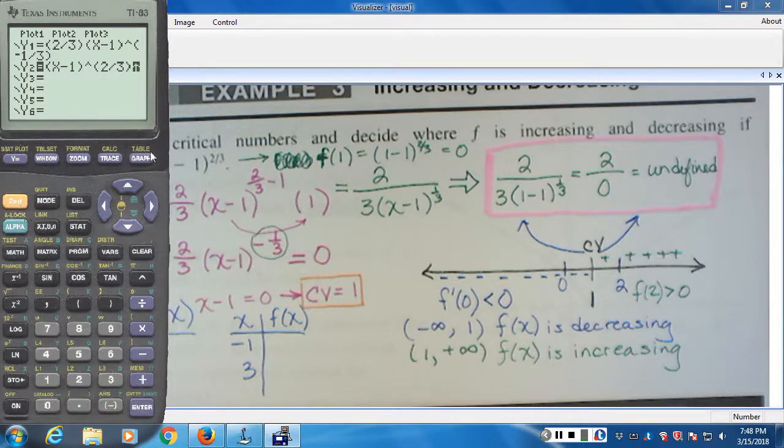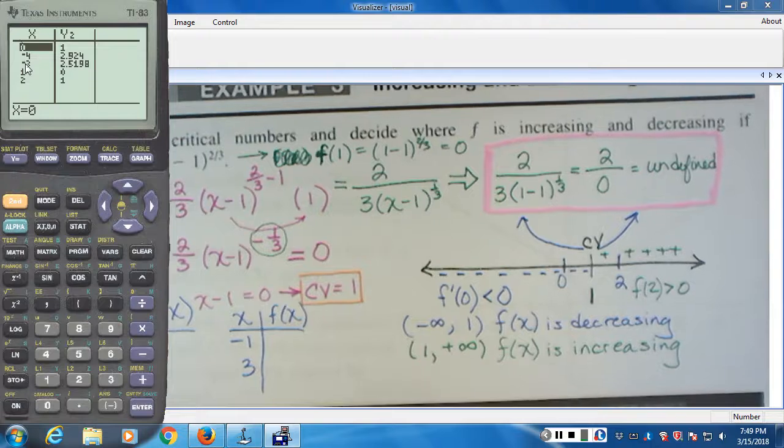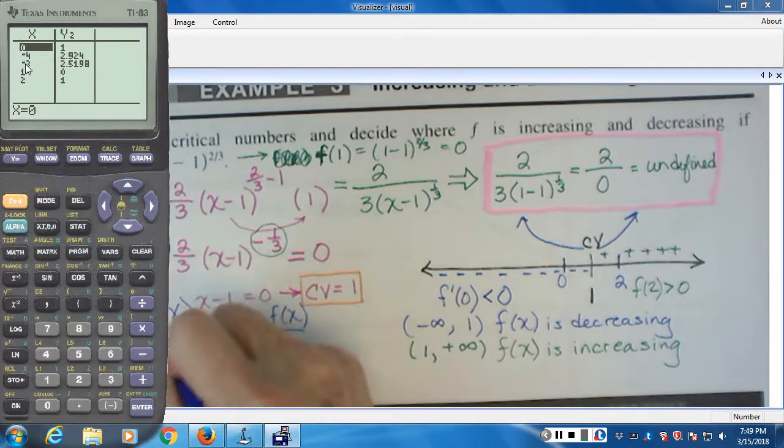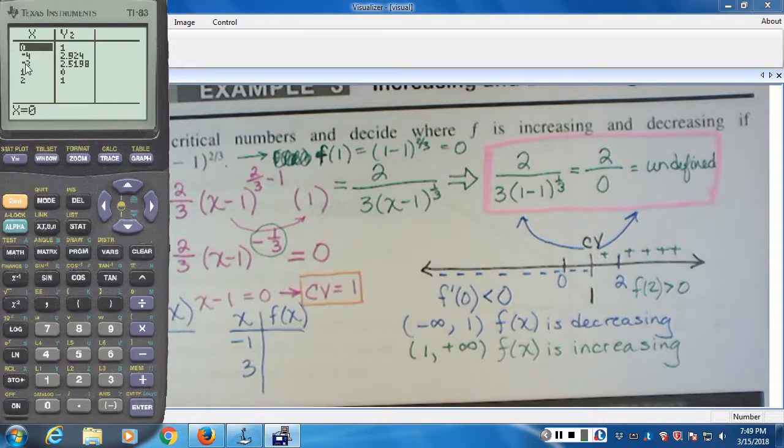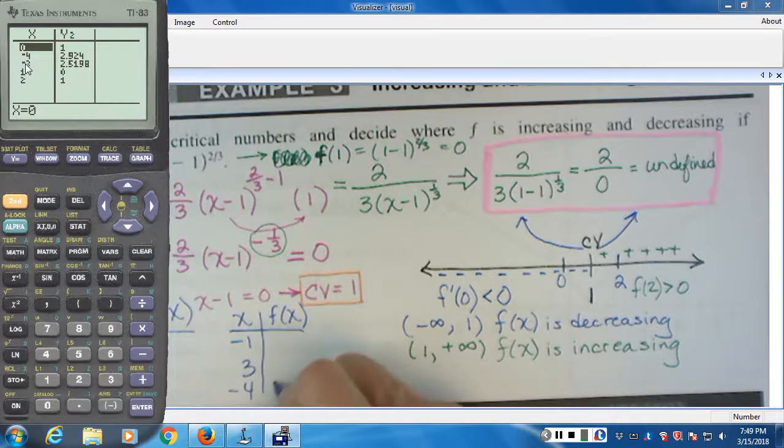So when I go to my table, I see that my table of values says that when x is 0, the value of the function is 1. And when x is, we'll just add that one in, I didn't have it on there, but when x is -4, it's like 2.9 something. And when x is -3, it's 2.5 something.